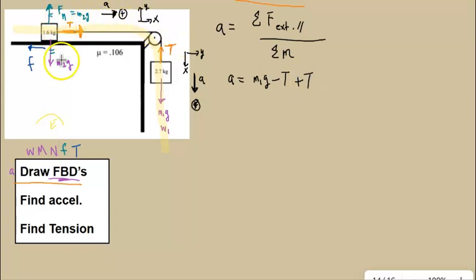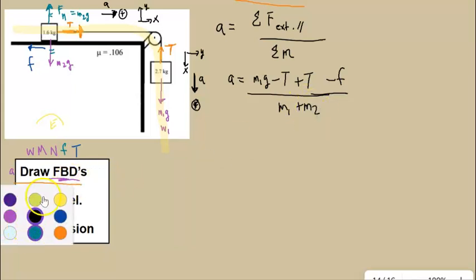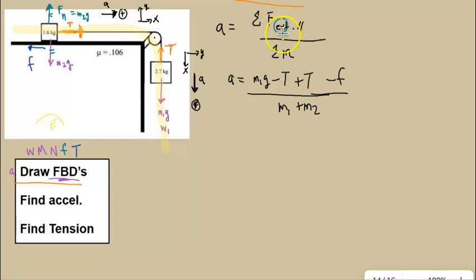We're going to ignore normal and this weight because they're perpendicular to the motion, minus friction, all over M1 plus M2. Okay, so I broke my rule. Oh, sorry. We only looked at external forces. No, we did the forces parallel to the motion, but I did do the two internal forces, which are the tensions, because I want you once to see, oh, look, plus T minus T.